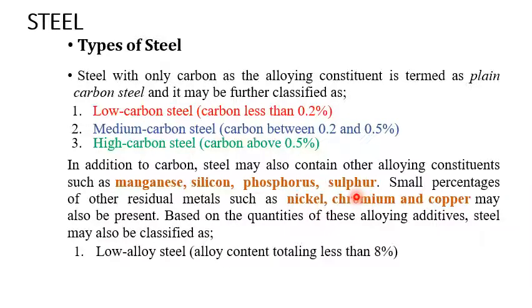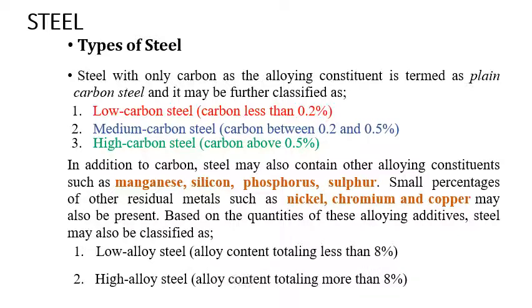One is low alloy steel, where the alloy content totaling, say for example manganese, silicon, nickel, chromium, whatever percentage we add into the steel, the total should be less than 8%. Then we call them low alloy steels. The next category is high alloy steels, where the alloy content totaling will be more than 8%.